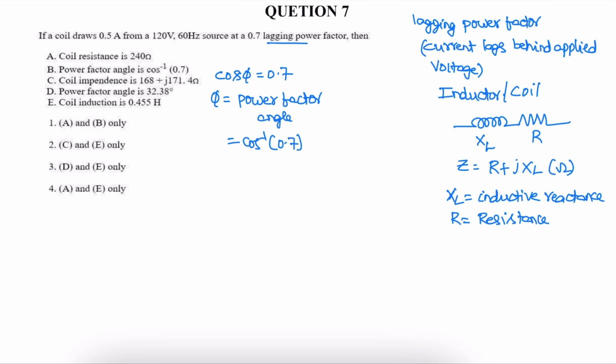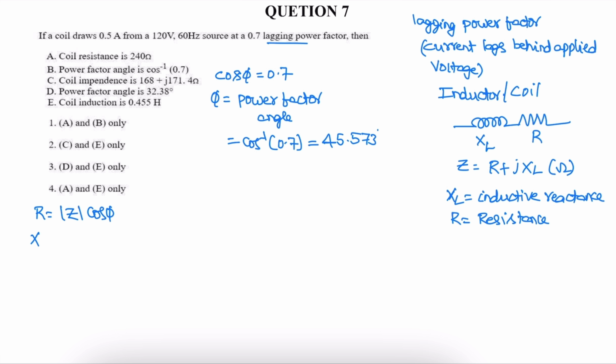The phi value is 45.573 degrees. Resistance R is equal to mod Z cos phi. Similarly, inductive reactance XL is mod Z sin phi.